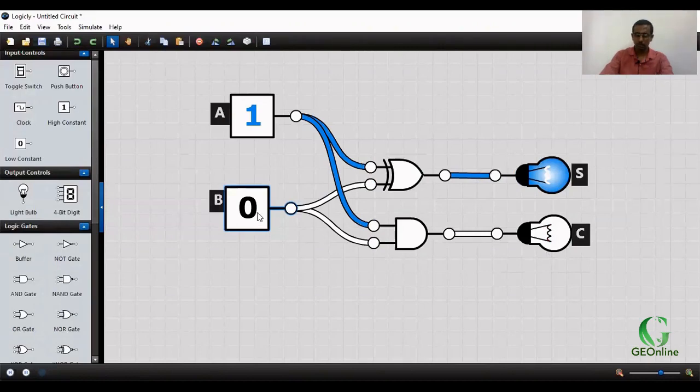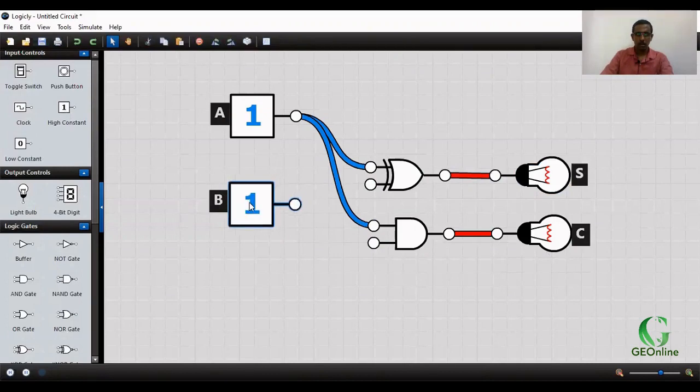Next, both 1. So we know 1 plus 1 is 1, 0, which means sum is 0 and carry is 1. Let's see. So sum is 0 and carry is 1. This is the function of a half adder.